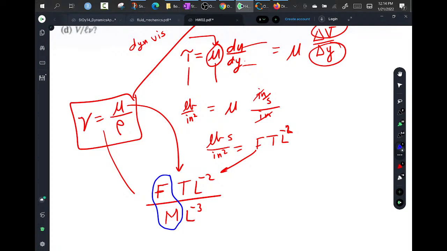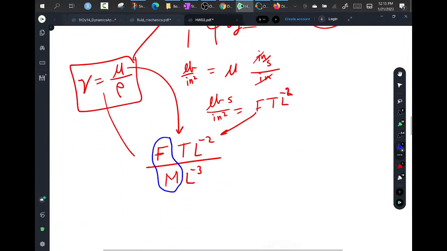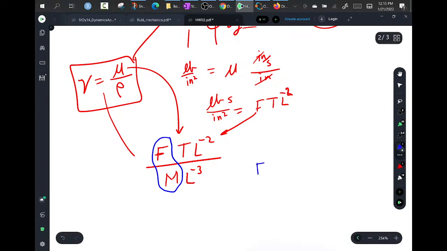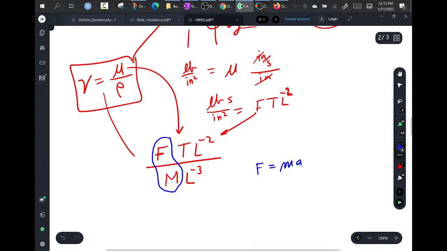Okay, so let's see if we can get rid of that. How do we get rid of it? F is equal to ma. This is the converter from a mass to a force. You should think that way too. Okay, a force is equal to a mass times feet per second squared.